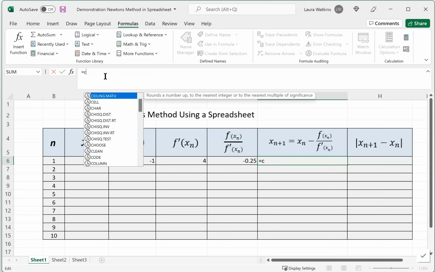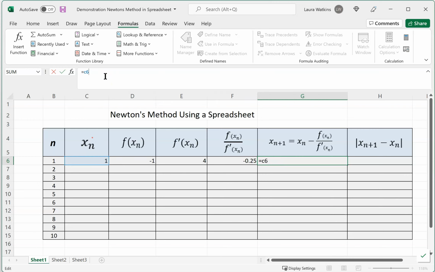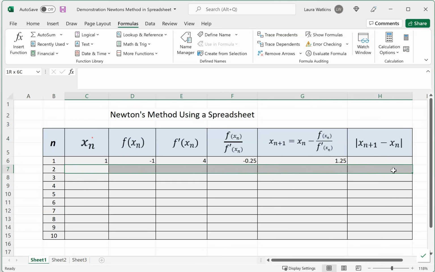So C6 minus what we have here in this last column, f over f prime, both evaluated at x n. So C6 minus F6, and we get 1.25. Now this is our next iteration.